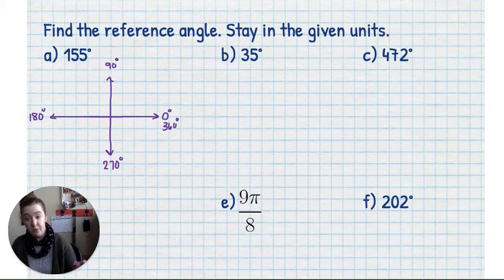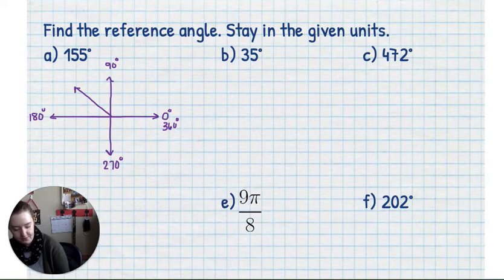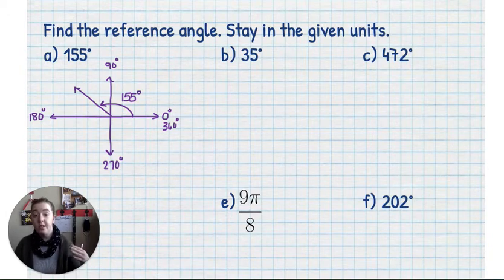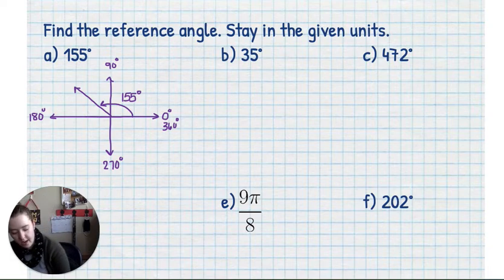So that means 155 is between 90 and 180, so it's going to be somewhere in this direction. Since reference angles are always how far until the x-axis, we're either going to go down or up to our x-axis. So we're asking how much is this angle right here?